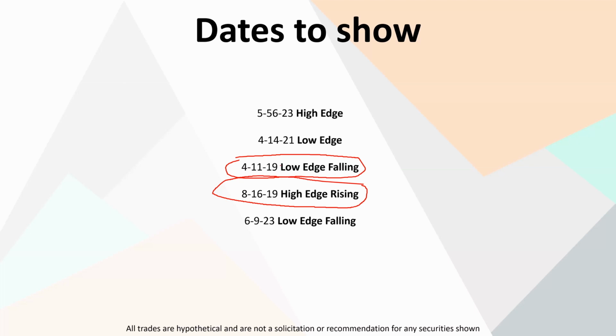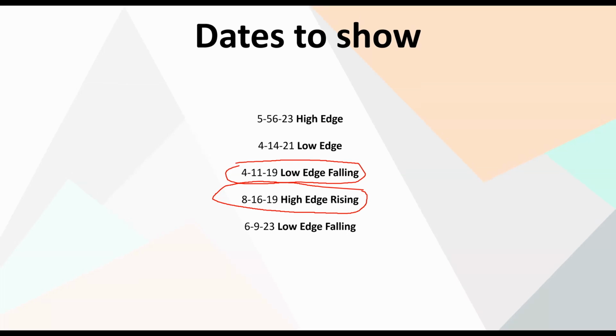So 4/11 2019 is a low and falling edge. I'm going to move you over to my O&E as soon as I get that date up. Bear with me, guys.